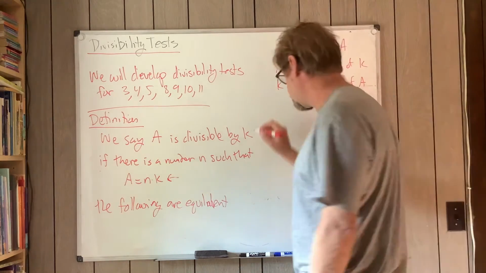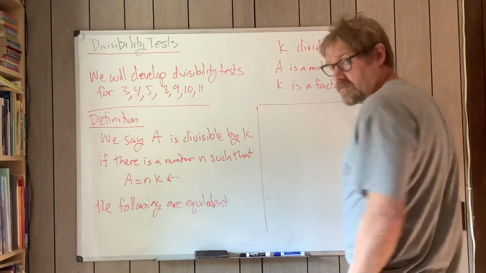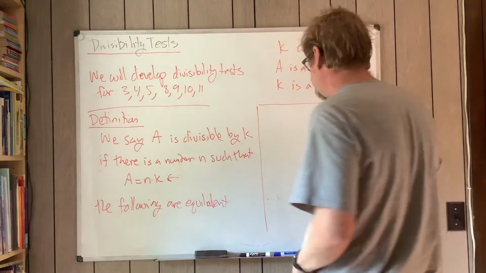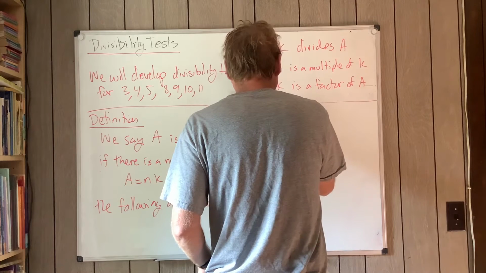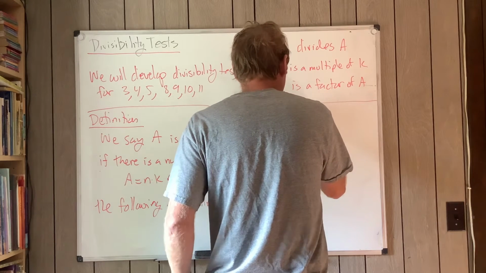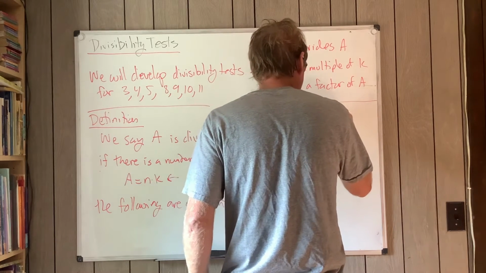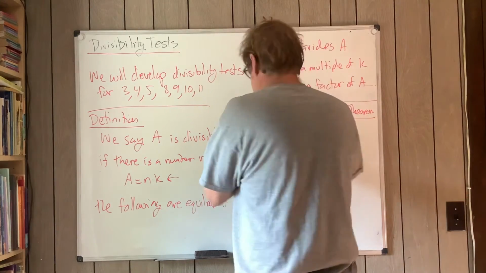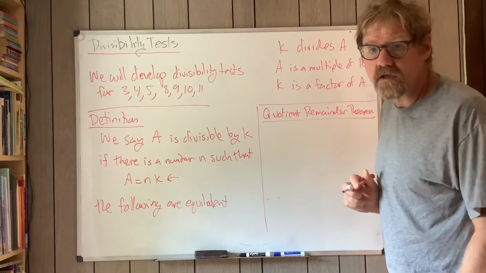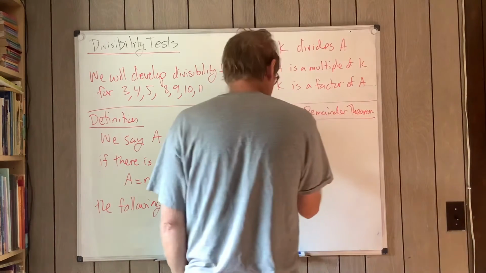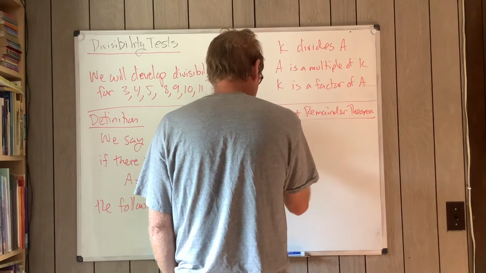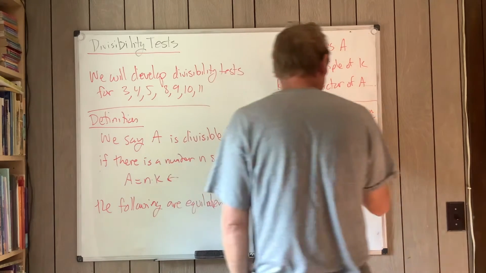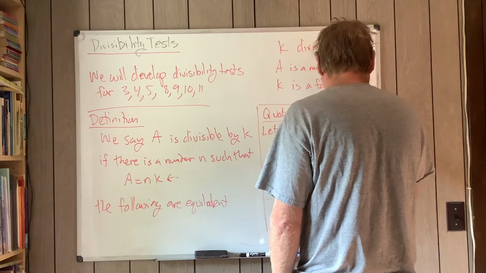All right. And then one more thing on this. Let's write down the quotient remainder theorem again. This keeps popping its little head up over and over again. So let A and K be positive whole numbers.